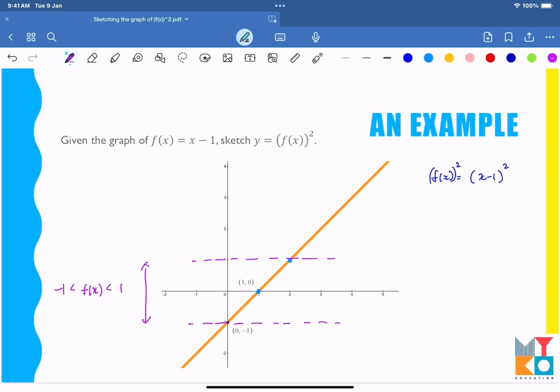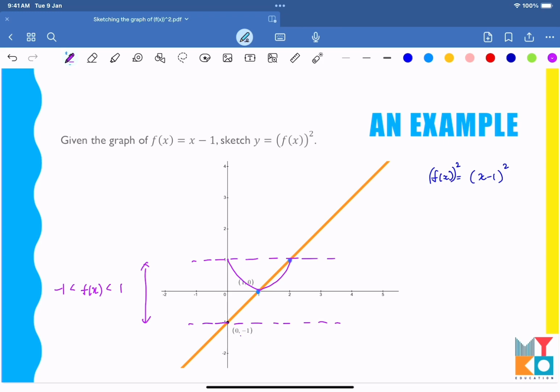Within this region, when you square the y value, you get a smaller y value, and as such, the graph will be flatter. So we can expect the graph to be something like this, and over here, it will be something like this.